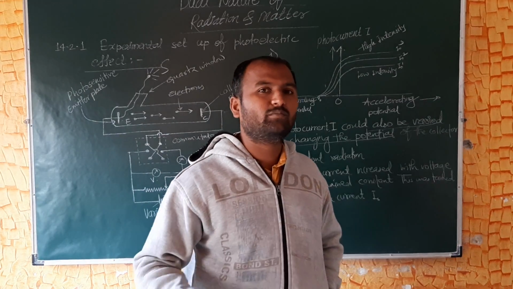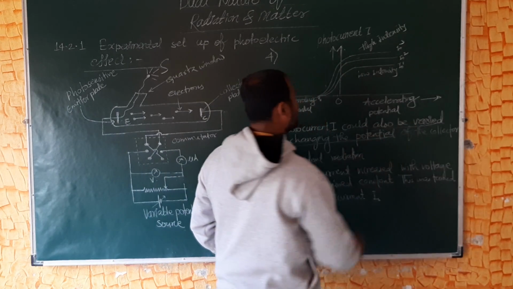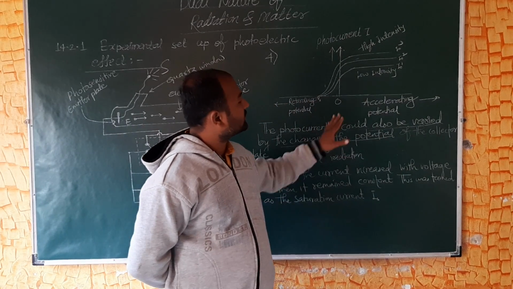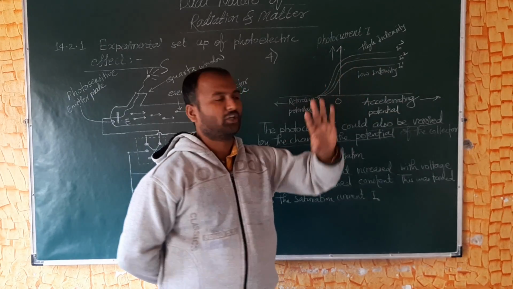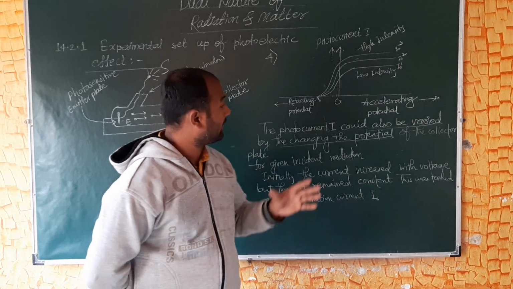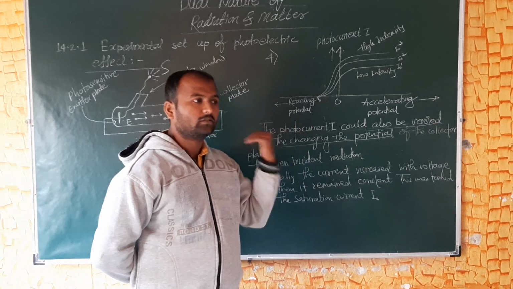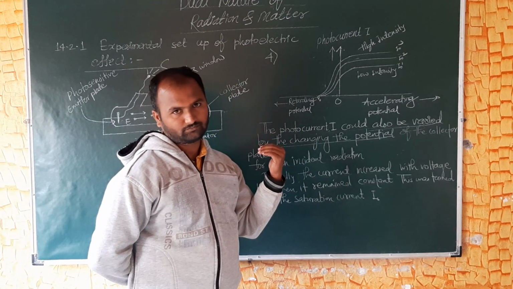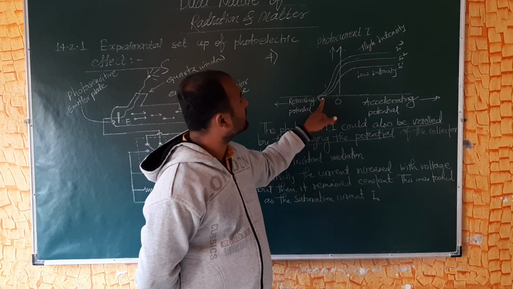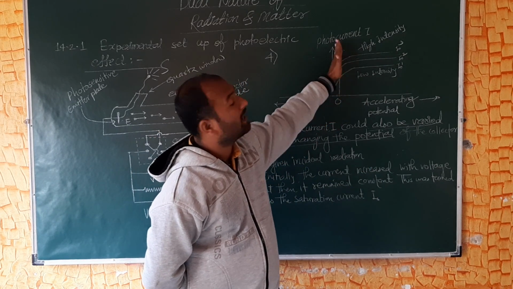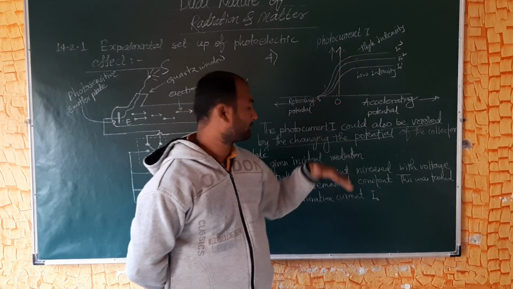So this is zero. Accelerating potential means we are increasing the potential, and retarding potential means we are decreasing the potential. So initially the current increased. This is y-axis current, x-axis potential.